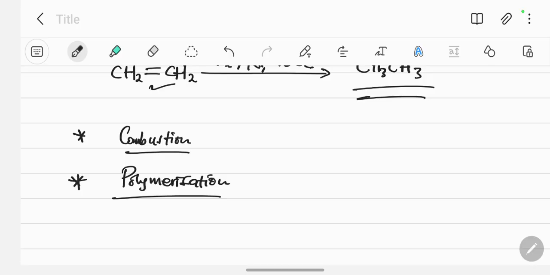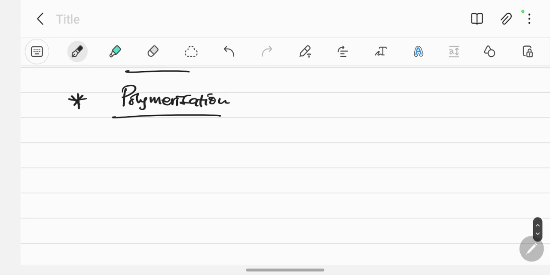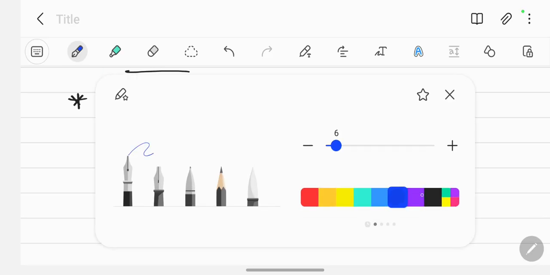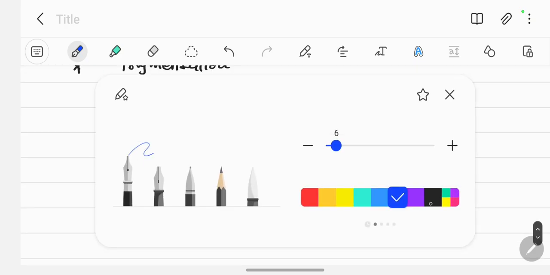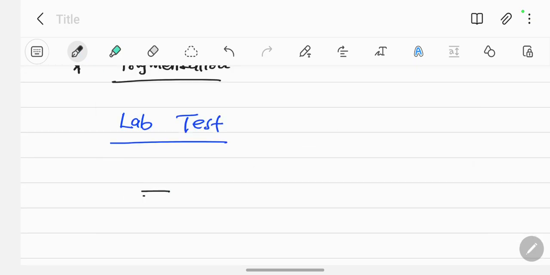So how do I identify existence of a double bond? I will call it a lab test. Then in our lab test, this is what is going to happen. If you want to test for presence of a double bond, I mentioned it earlier, use bromine.